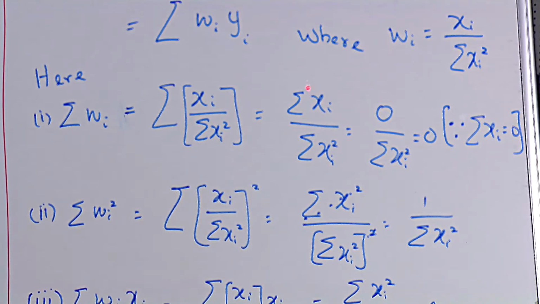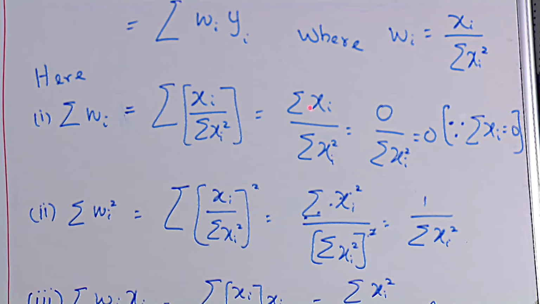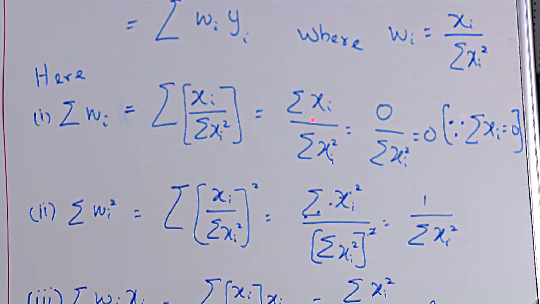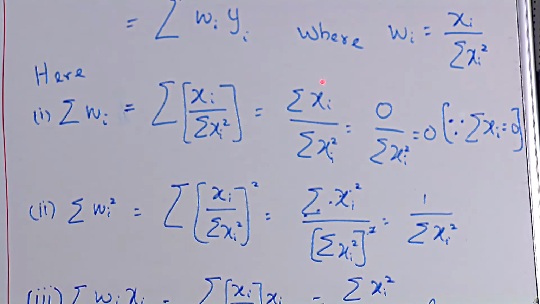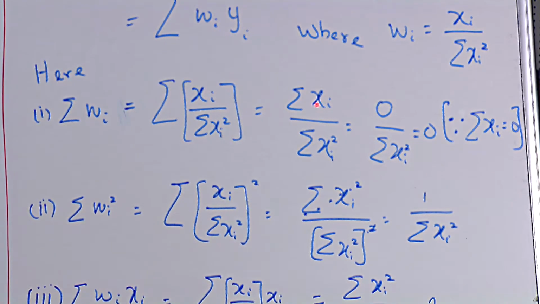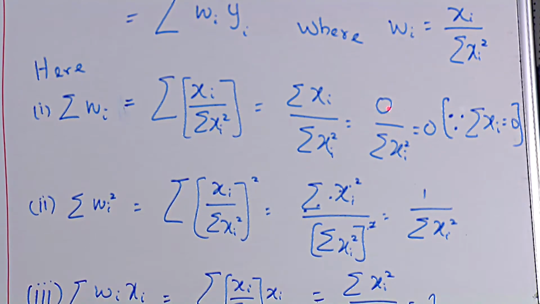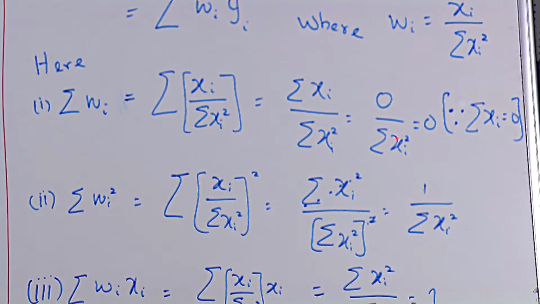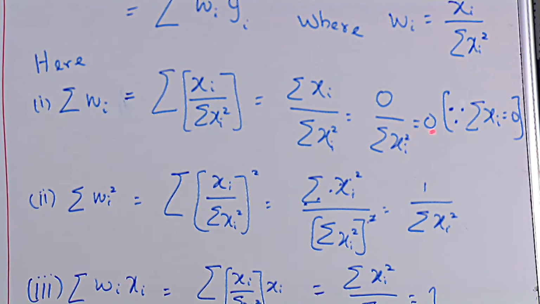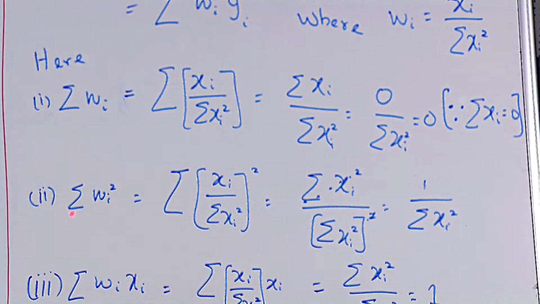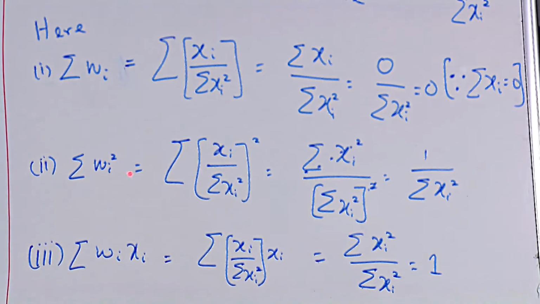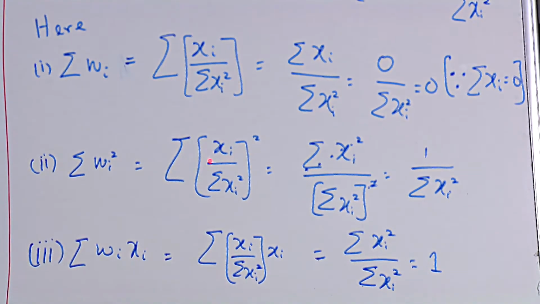Interestingly, this sigma xi is equal to 0, because it is just the summation of the deviations of the observed xi from the mean. So the sum of it is equal to 0. That is, numerator 0 divided by sigma xi square, which is equal to 0. So sigma wi is equal to 0. Similarly, sigma wi square is equal to sigma of xi divided by sigma xi square, whole square.